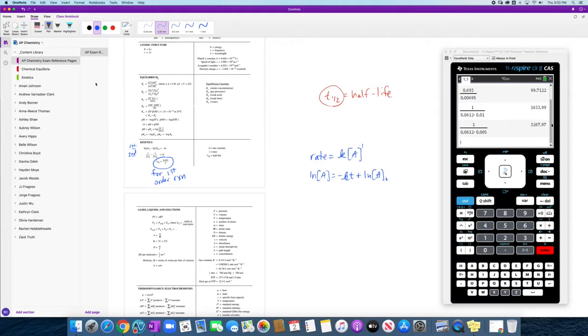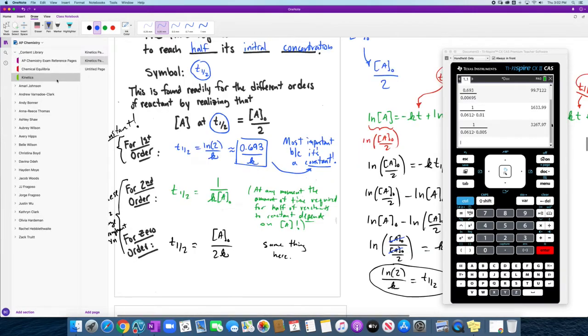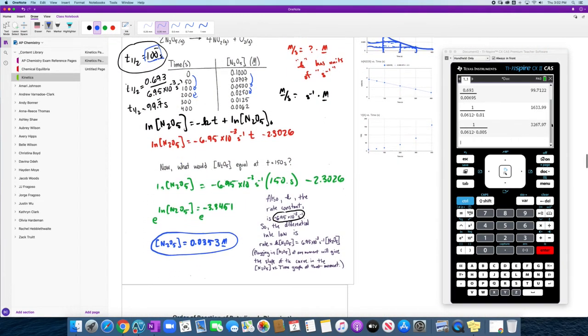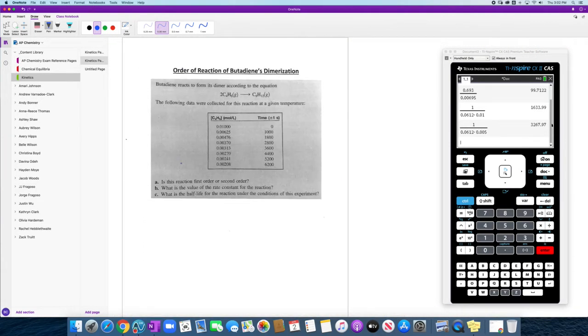Okay. So let's go back to this problem here. I've actually already answered this. What's the half-life for the reaction under the conditions of this experiment? Okay, well, it's not a constant half-life.